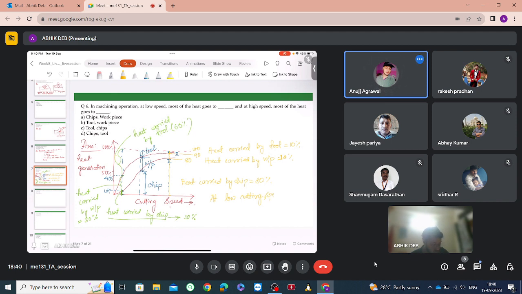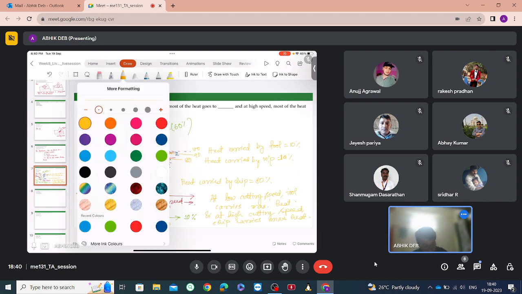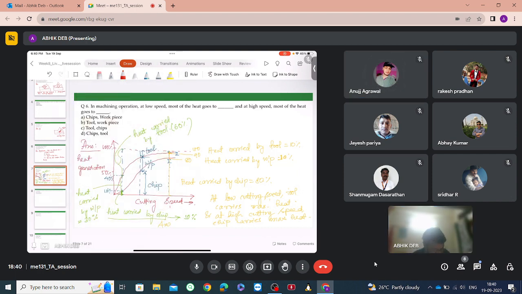Yes, the tool carries the maximum heat. And at high cutting speed, what happens? Chip. Yes, the chip carries the maximum heat. Okay, so the correct answer is option C.